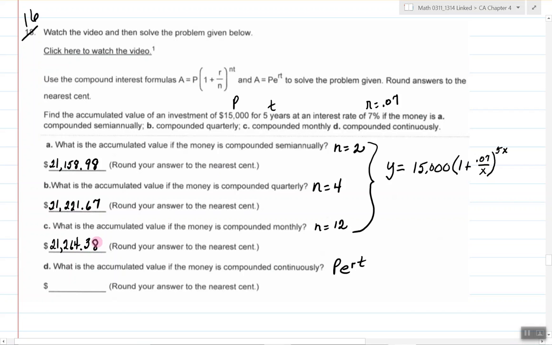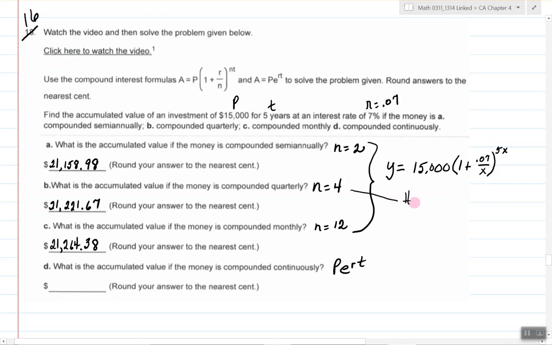And what you can see from this is as the number of compounding periods increases, the future value increases. If you don't want to do this, you can, for example, let's do this one.